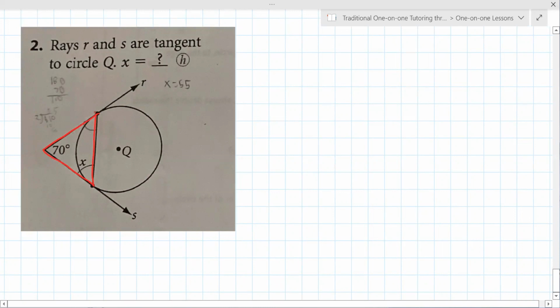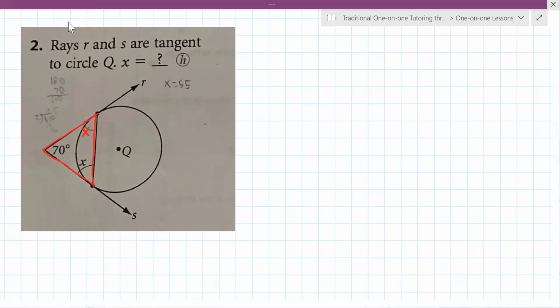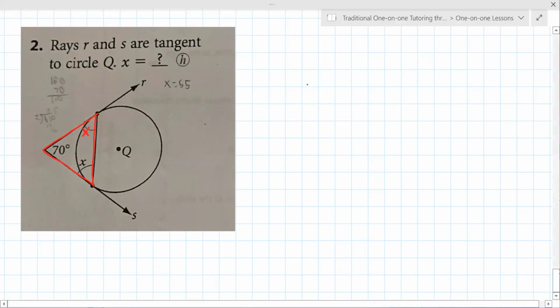Now this is a triangle that I've drawn, and this other angle is also x. So that other angle is also x. Yes. Now there is a theorem that allows you to do that. You're not tested on that anymore, but you have to be careful here.